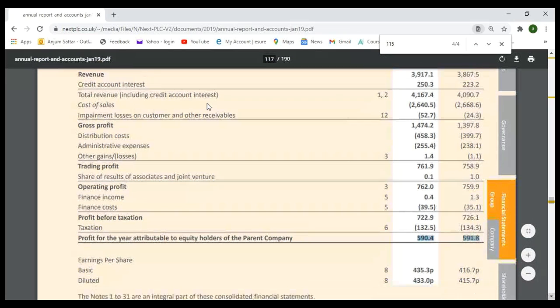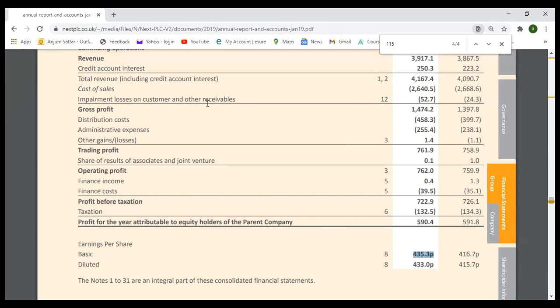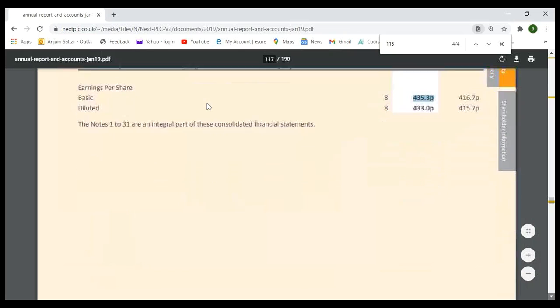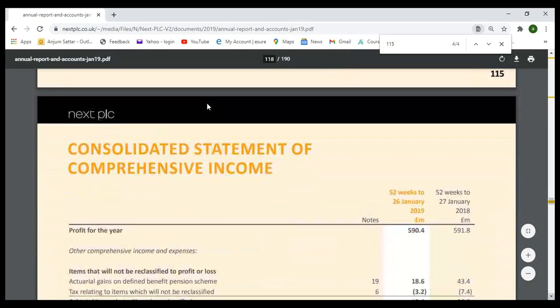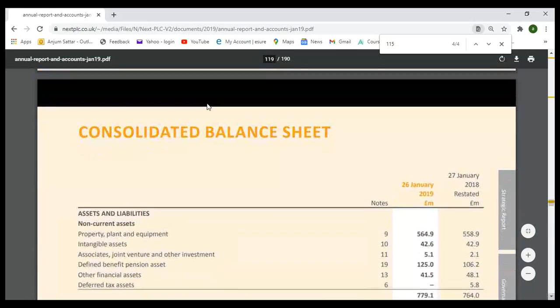If we look at earnings per share, how many shares we have, 435 pence per share. So it means £4 and 35 pence per share. So we can find what is the value of the shares and we can look around.